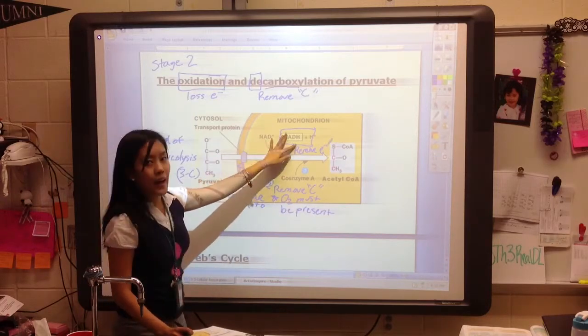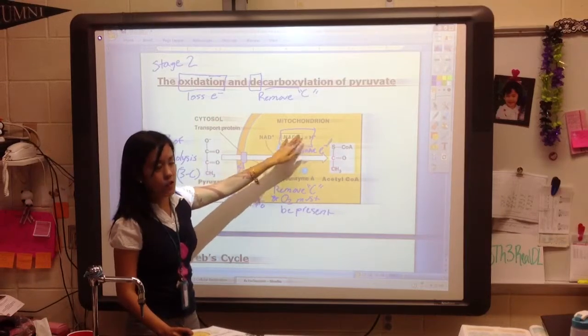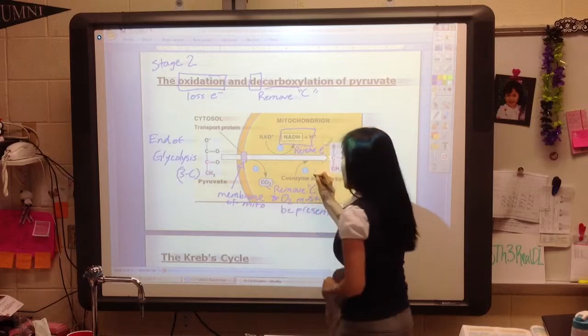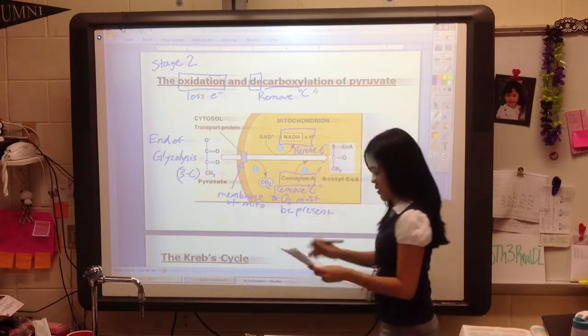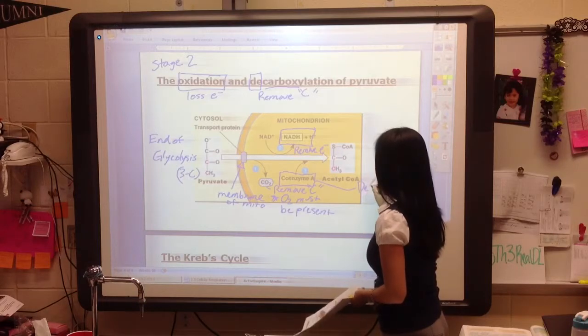We remove electrons, the NAD+ becomes reduced, gaining an electron, and becomes NADH. And then we have this final thing, coenzyme A. Coenzyme A is actually going to act as a method of delivery.